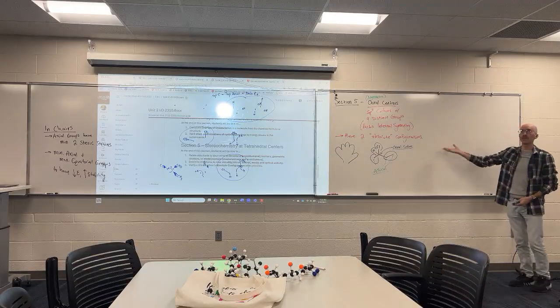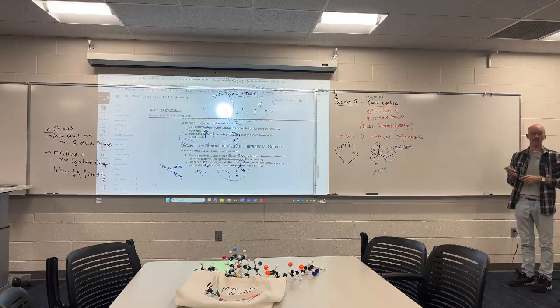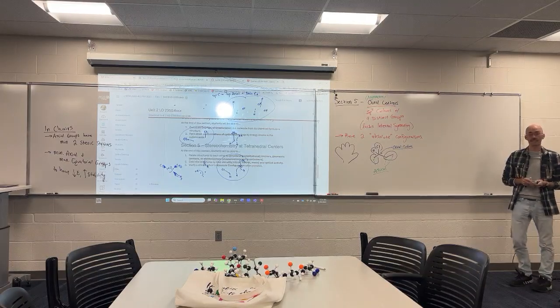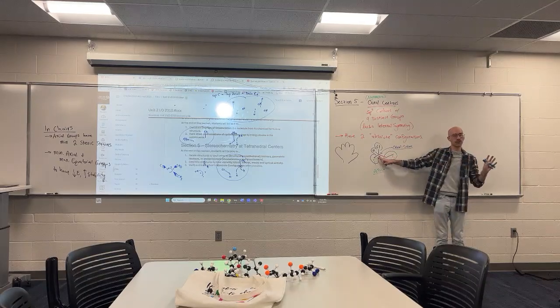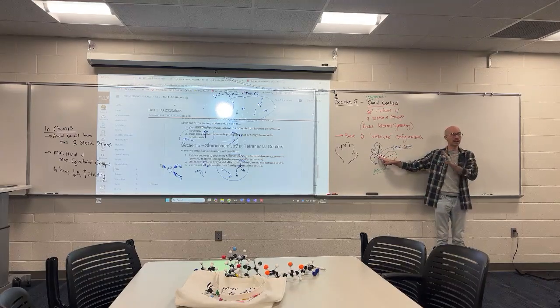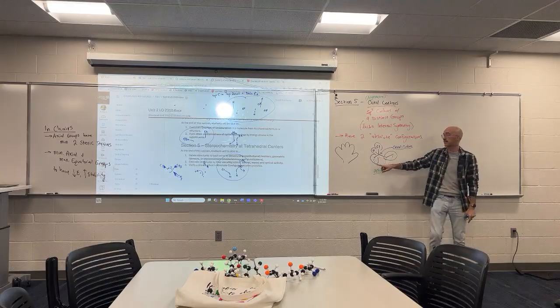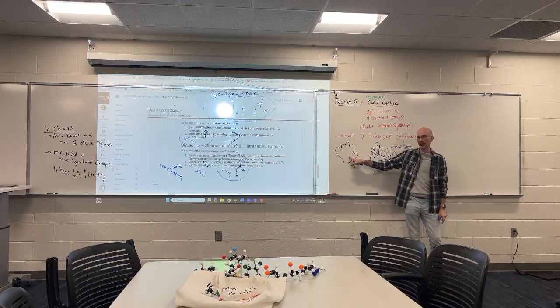But what configuration does this carbon have? There's not enough information. You cannot say that this chiral center has one configuration or the other because you don't know anything about how those 4 groups are arranged in space. You cannot say what hand this is because you do not know how they're arranged in space.